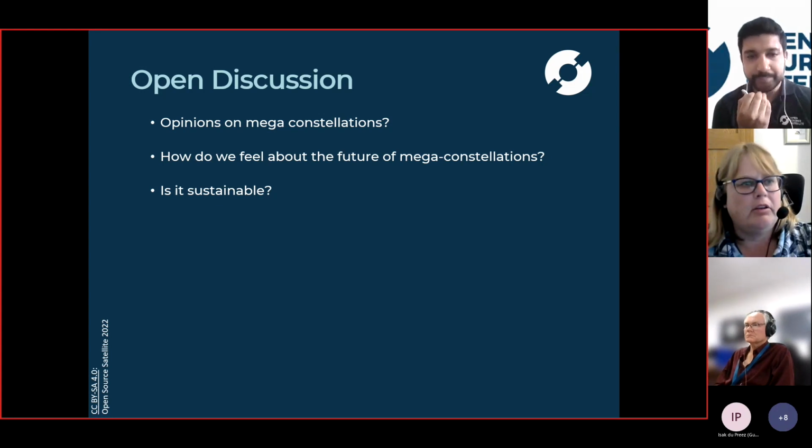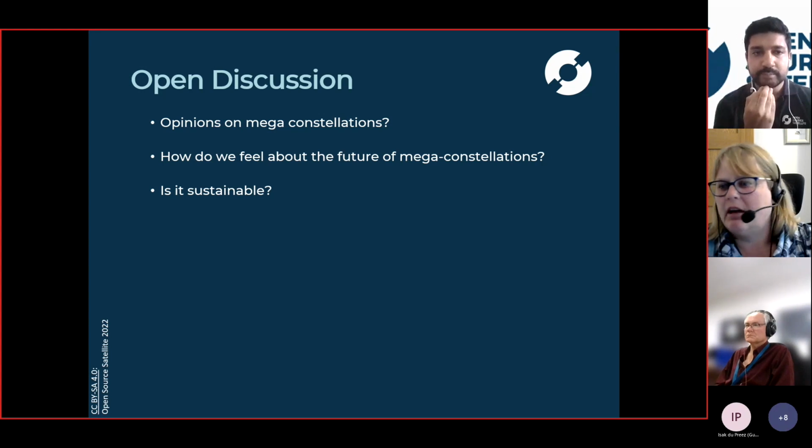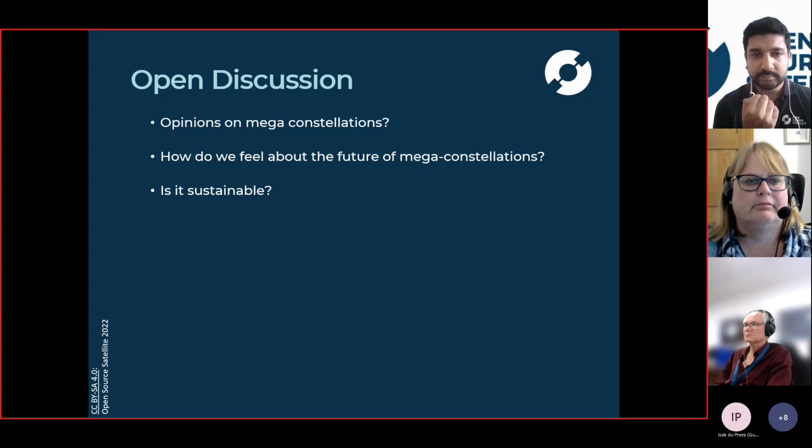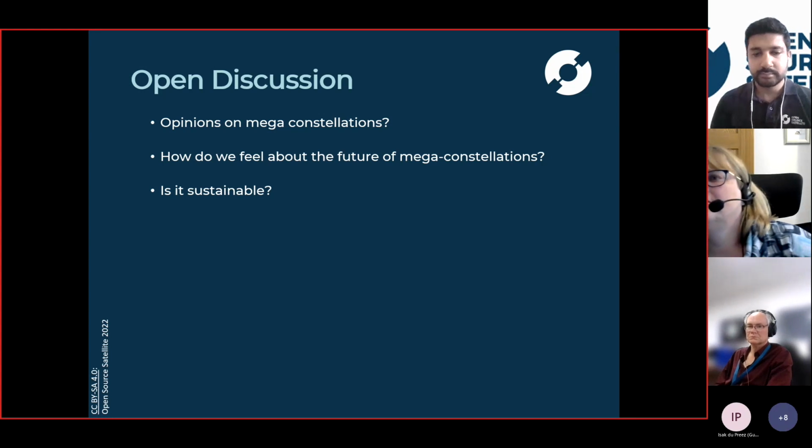ClearSpace, they're looking at technologies. Angie's probably a better person to talk about their capability. So that is more about attaching yourself to a satellite, whether it's active or passive, by using something like the separation system, or actually encompassing the entire spacecraft with arms, and bringing it down, safely releasing it at a lower altitude, so that it then would burn up.